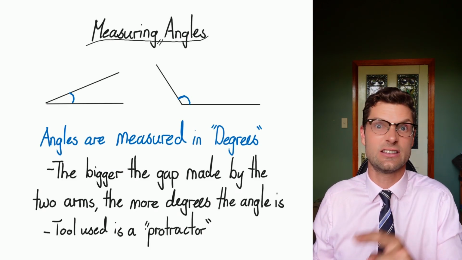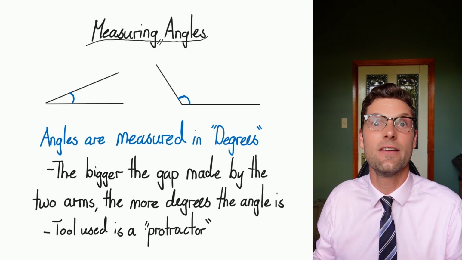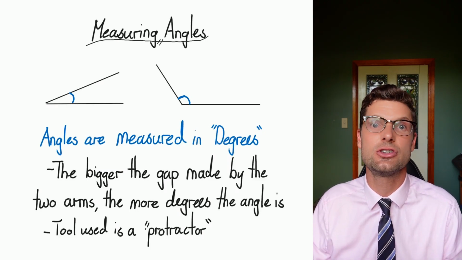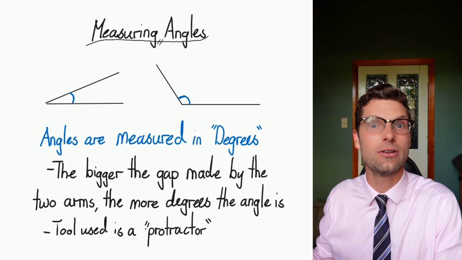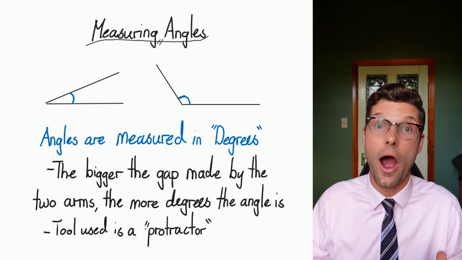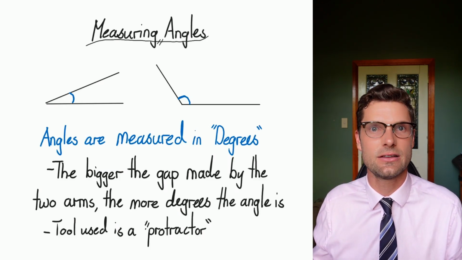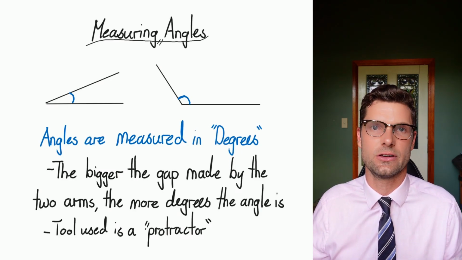Remember that a circle is 360 degrees, so we're definitely going to be talking about that in a future lesson. The takeaway for us is that the bigger the gap between the two lines that are intersecting, the bigger the angle in degrees. So the higher that degree number is going to be. We're going to really look at this in detail next lesson, but that is the key takeaway. The bigger the gap, the higher the degrees.